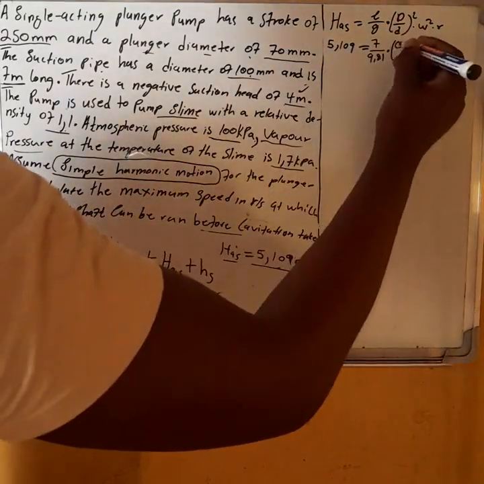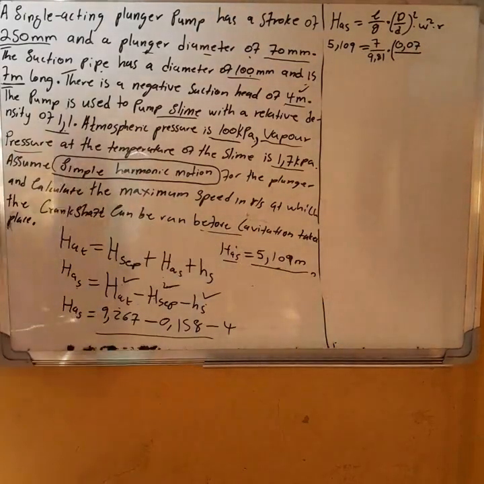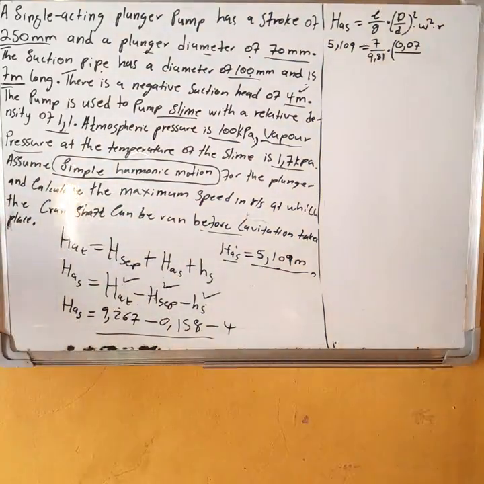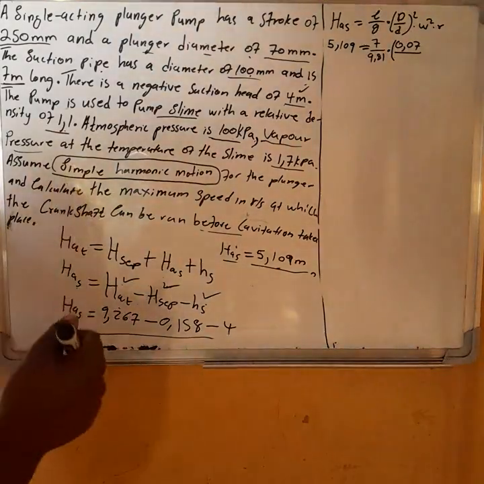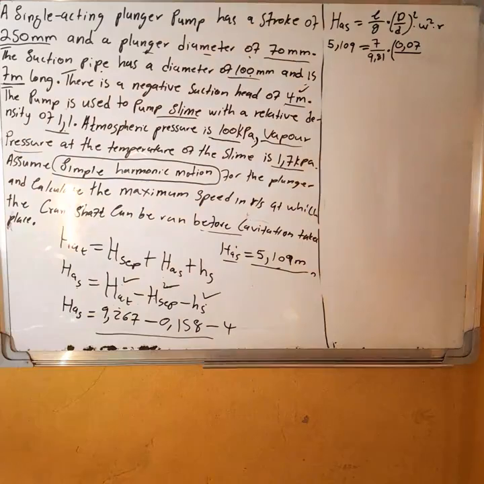This will be 0.07 over the diameter of the pipe, 0.1. Sorry, 0.1: 100 divided by 1000 will give you 0.1.